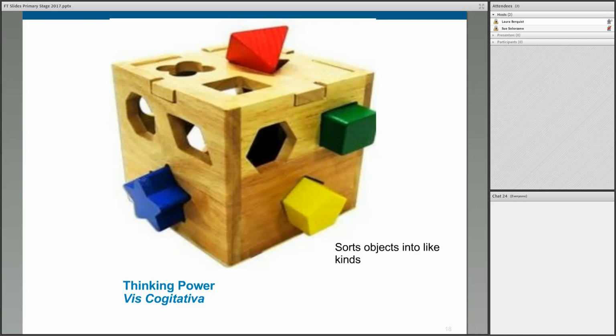She or he is not making some universal pronouncement about starness, or thinking about exactly how these things are complementary. She's just seeing a likeness and sticks it in there because it's like it. That's what the vis cogitativa does. It sees likenesses and sorts those images so that like things are together in the imagination.